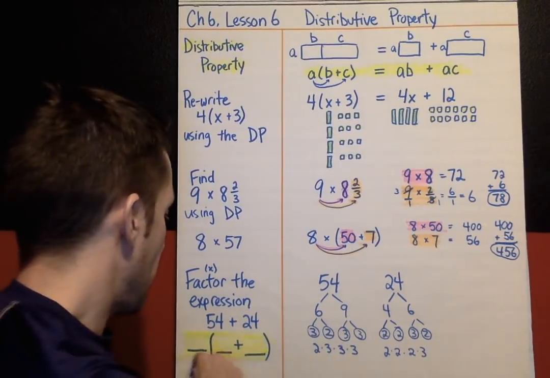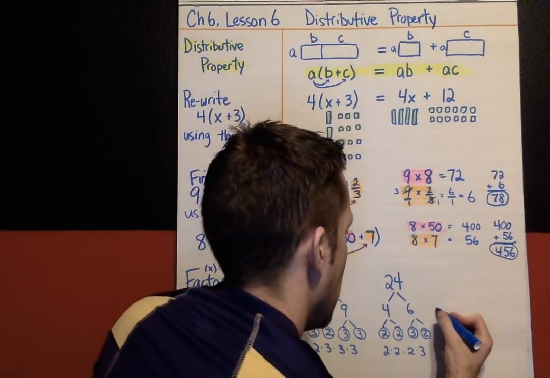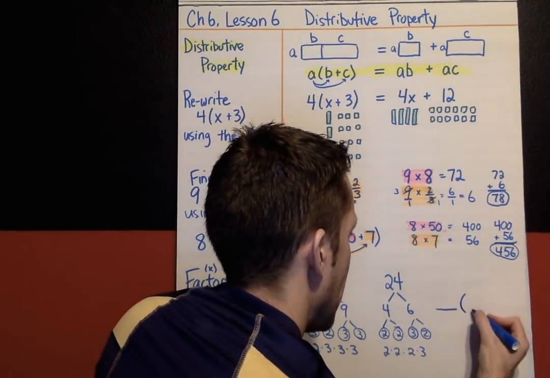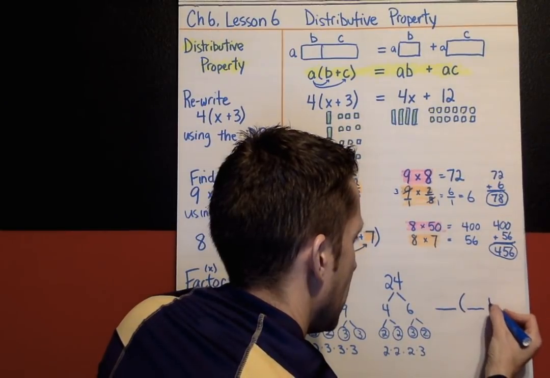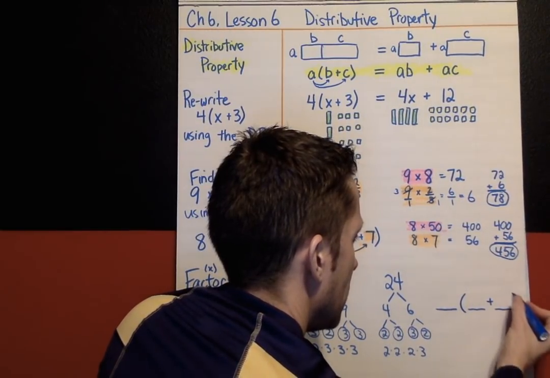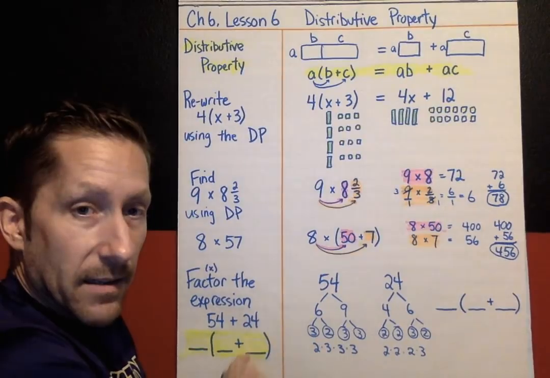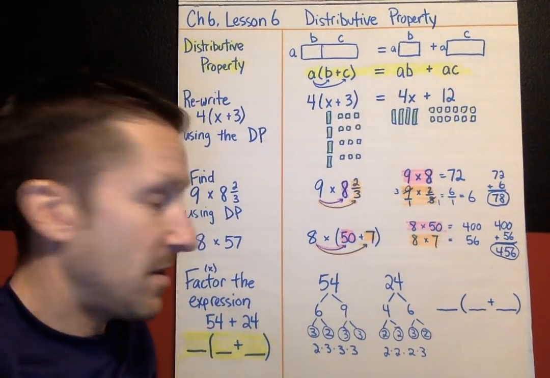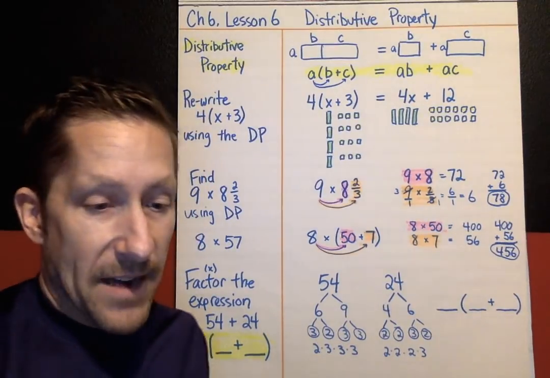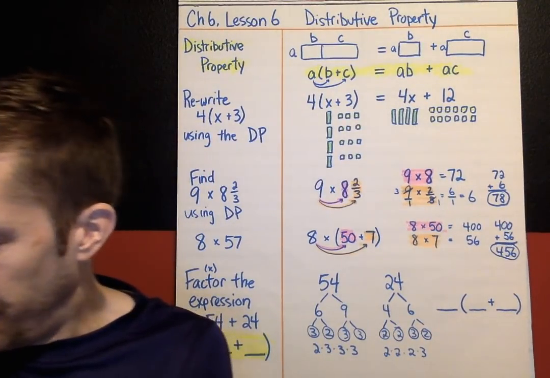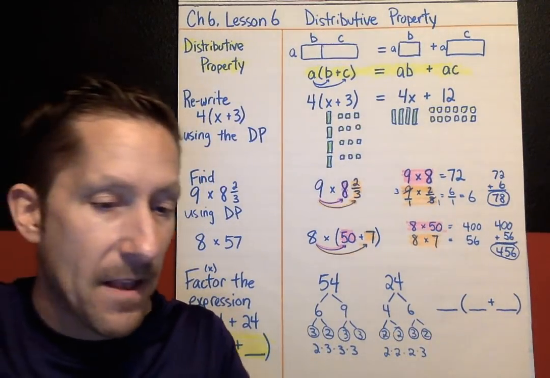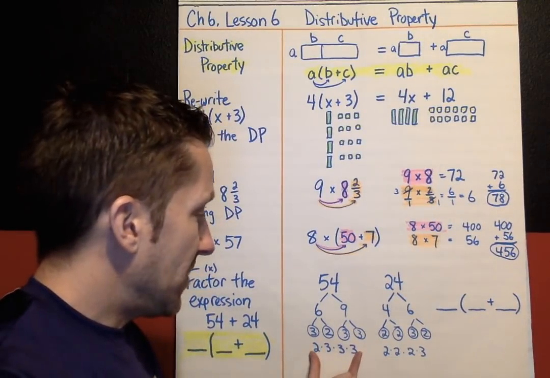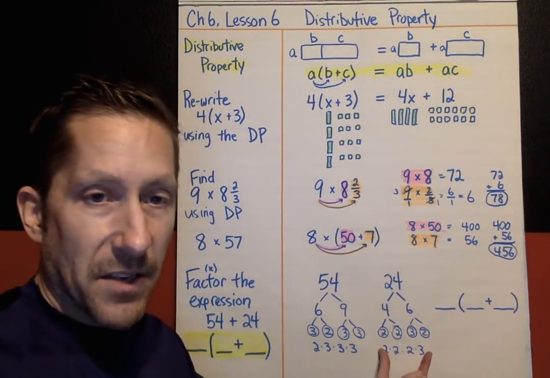So over here, I'm going to copy this structure, a number multiplied by a sum. So again, this right here, that's it, same thing. Here's how I use the factorizations to get there. I look at this factorization, I look at this factorization.